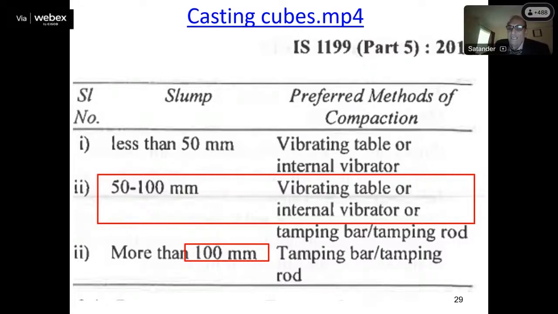In the field also, you do not use the needle vibrator; only tamping bar or tamping rod you should use. If medium slump is there, 50 to 100, you can use anything, either table vibrator or internal vibrator. And vibrating table or internal vibrator you can use if the slump is 15, or tamping bar or tamping rod also. This is given there also.